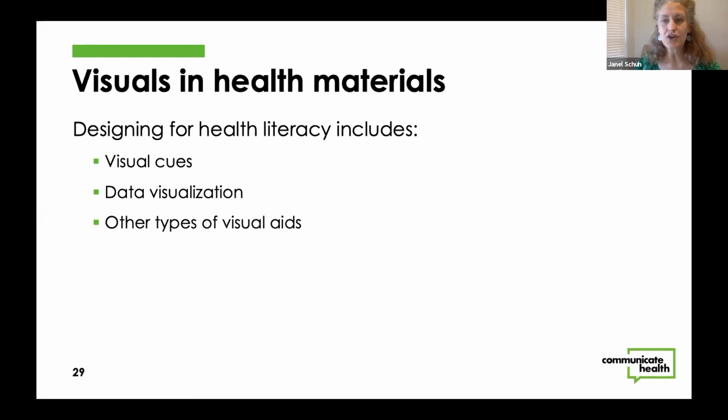Infographics come in here, charts, graphs. And then there are other types of visual aids. Maybe process flows can fall into here, although that can be considered a type of chart. But it's one of those things that doesn't fall into those other categories and could include things as simple as a photograph.